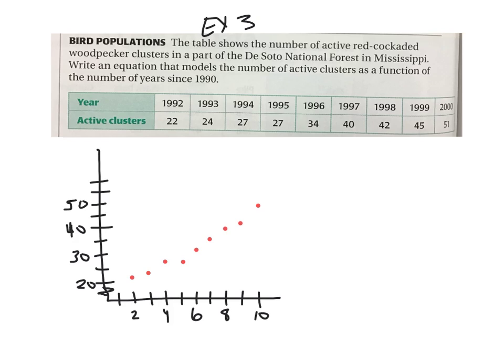So looking at my graph, I can already tell what slope I have. What kind of correlation do I have going on here? Positive correlation. To create an equation, all you have to do is pick 2 points out of this correlation. It doesn't really matter which 2. You could pick that first one and this one, it doesn't matter.